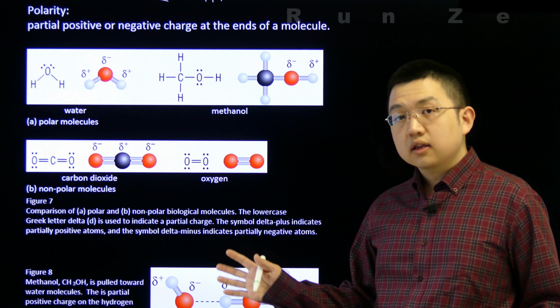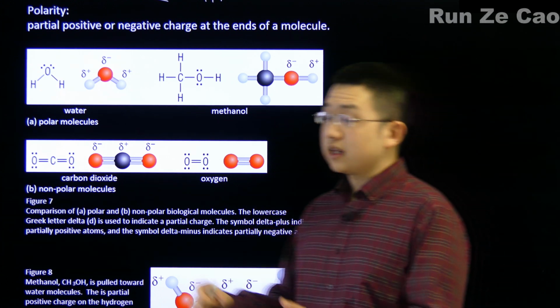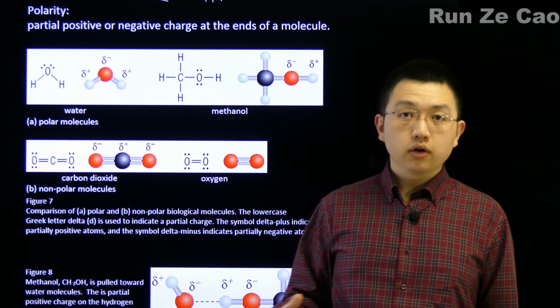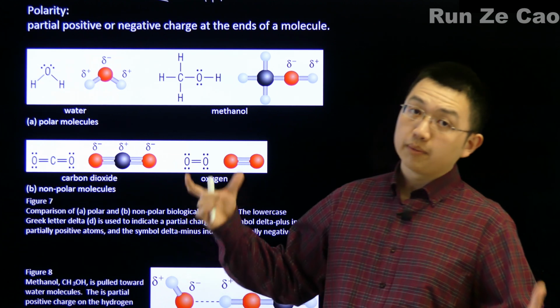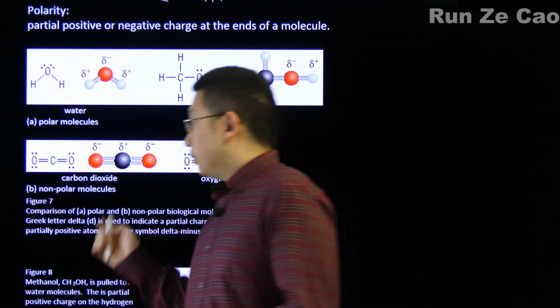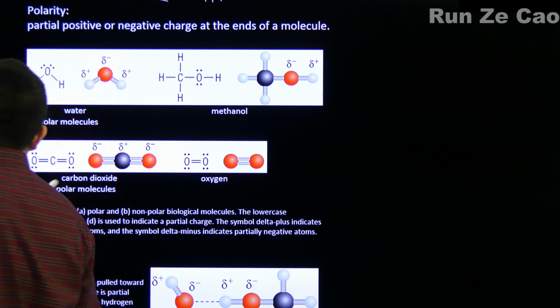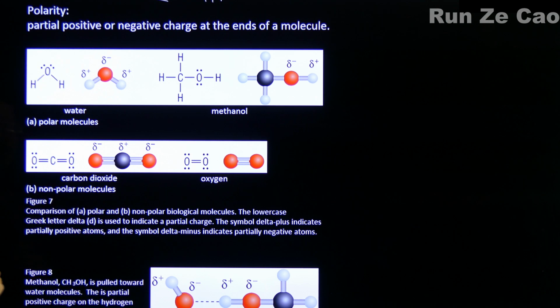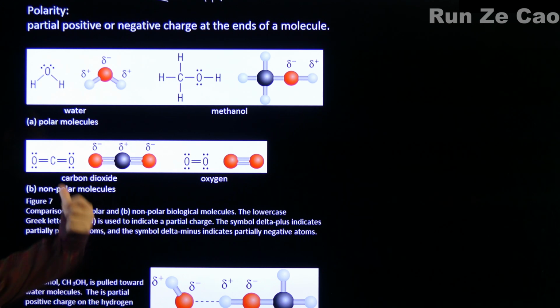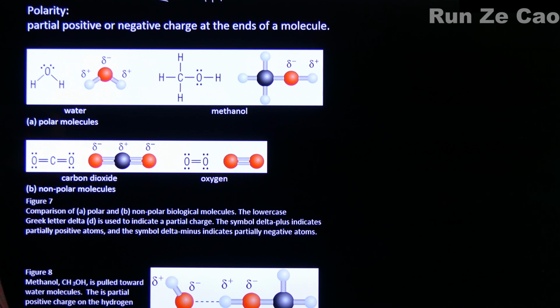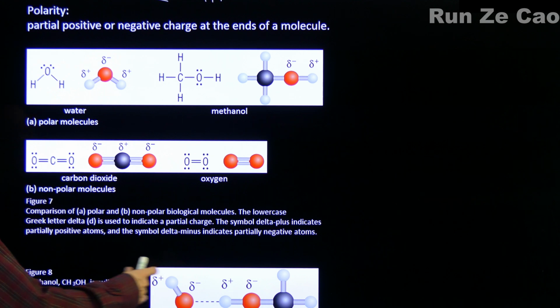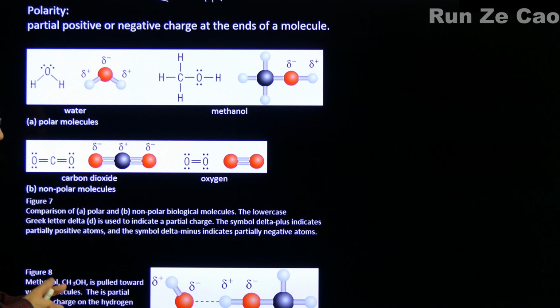Now, since these dipoles can occur in many different places on one particle, or one big molecule, like say a big protein, hydrogen bonding we considered a subset of dipole bonding, and dipole bonding is pretty much partial positives and partial negatives. It's not necessarily that the whole molecule has to have poles.